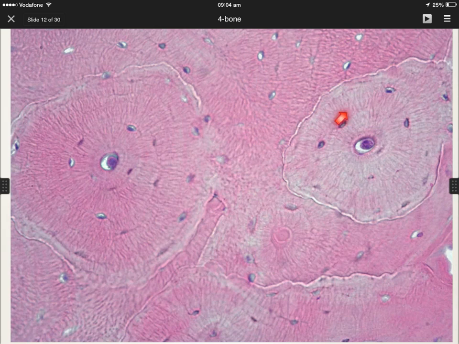You may be asked about one or two functions for the osteocytes. They are bone maintaining cells, responsible for the maintenance of the bone. How? By formation of both the organic part of the matrix and calcification of the matrix, which is the inorganic component of the matrix.